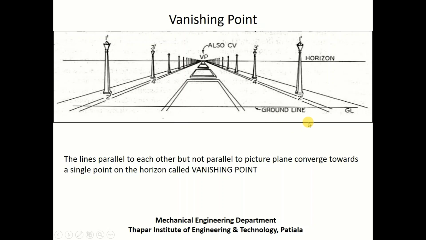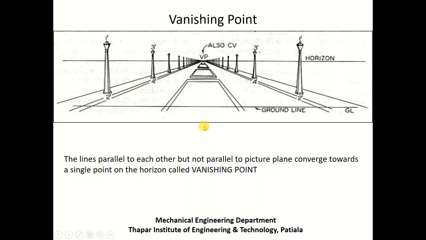This rectangular frame indicates the picture plane, and the object in this case is this scene that you see here, these rows of poles and these artifacts in the middle. So this entire scene is on the other side of this rectangular frame, which is the picture plane, and the observer is standing on this side at some finite distance.